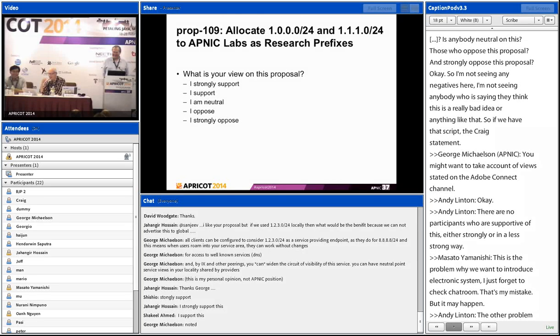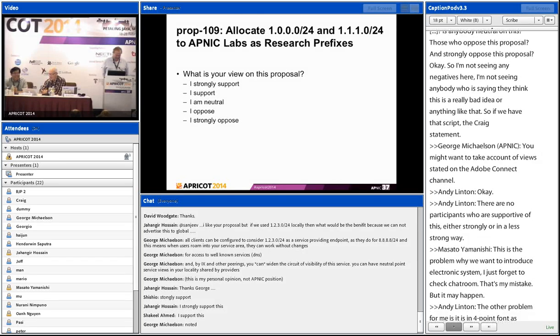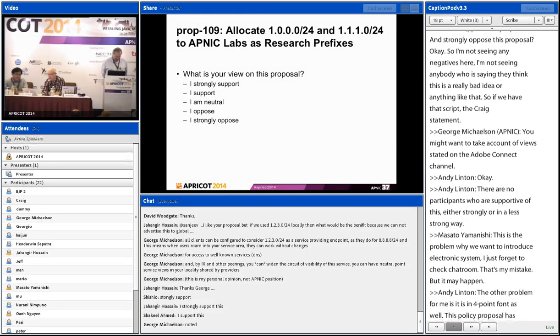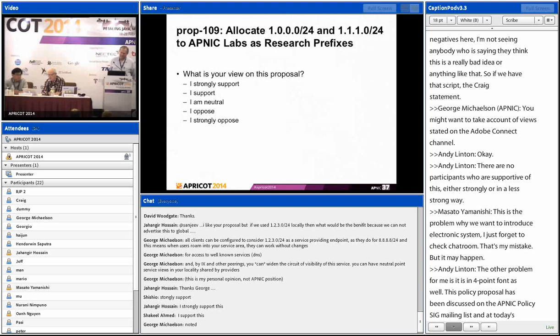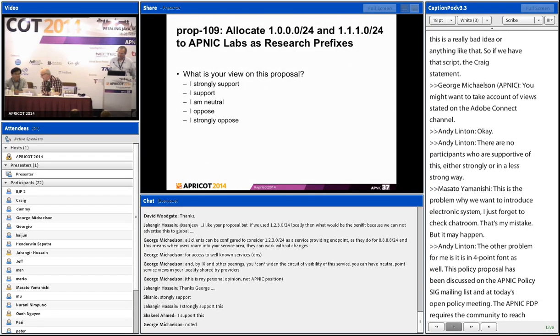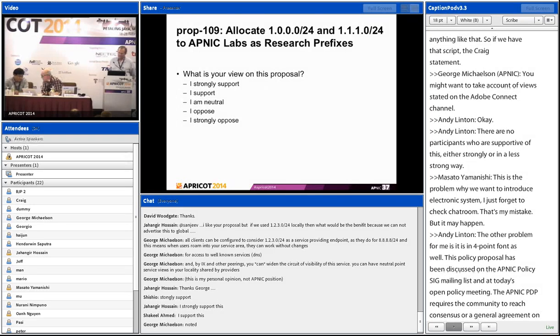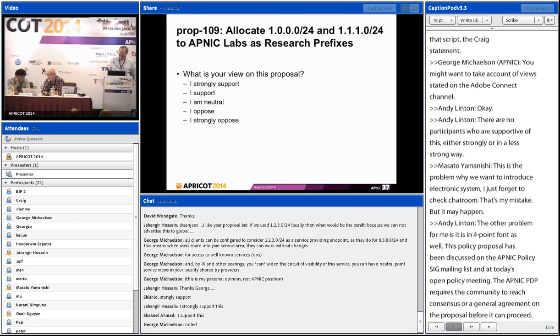So this policy proposal has been discussed on the APNIC policy SIG mailing list and at today's open policy meeting. The APNIC PDP requires the community to reach consensus or a general agreement on the proposal before it can proceed. I've conferred with my co-chair, and we have noted the community's comments for and against adoption of this proposal.